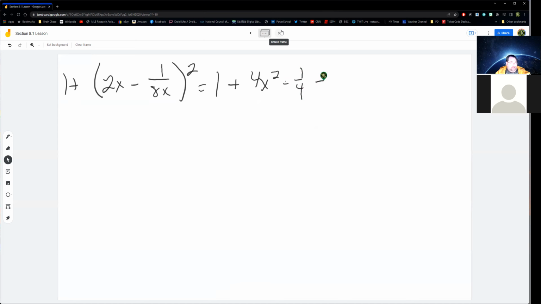And then I have another negative 1/4. And then I have a plus 1 over 64x squared. So if I break all this down, I've got 4x squared plus 1/2 plus 1 over 64x squared.